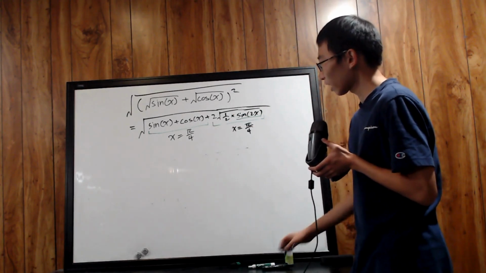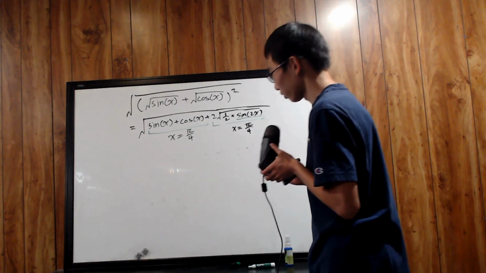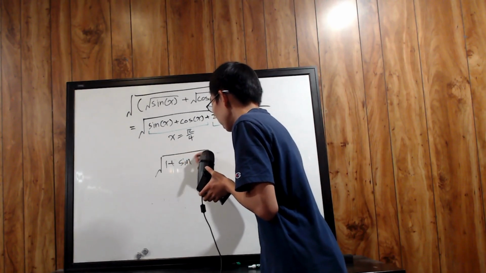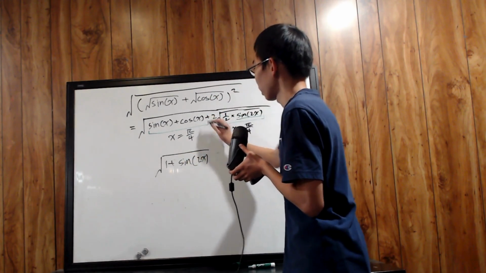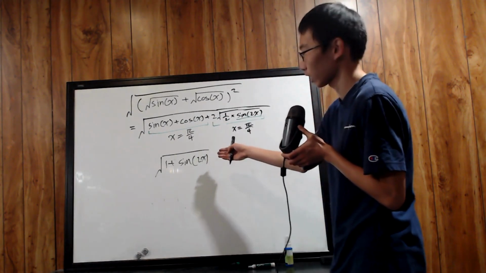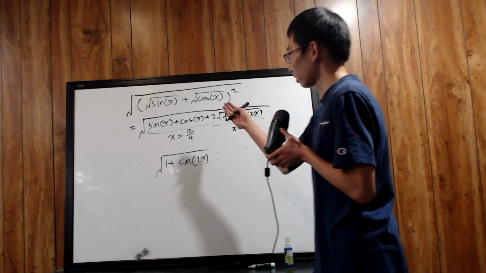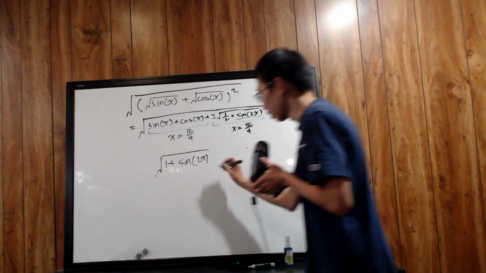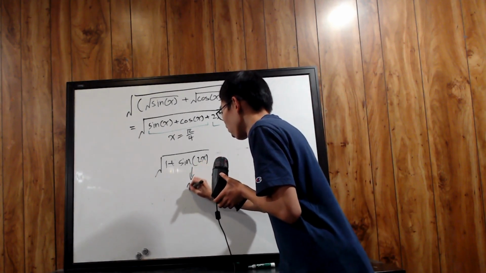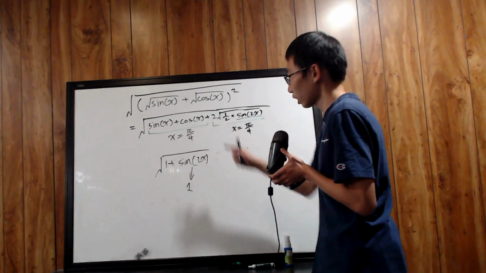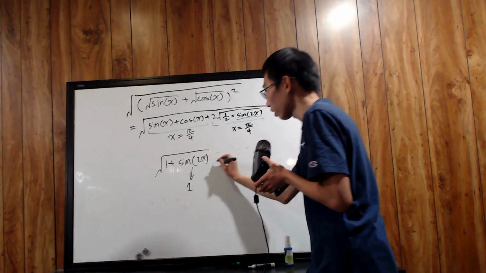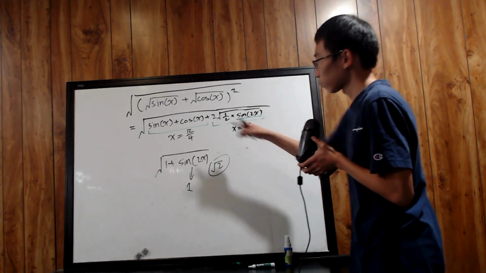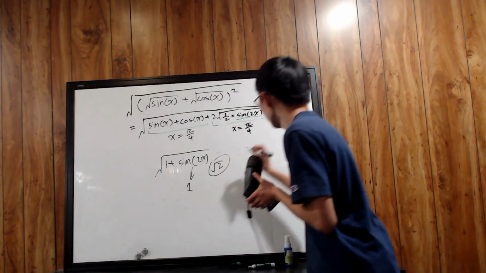Recall that this was equal to 1 plus sine of 2x. So finding the maximum value of this is the same as finding the maximum value of sine 2x. So this maximum value is achieved when sine 2x is 1. So the maximum value for this entire thing is root 2, because it's just 1 plus 1, root 2.